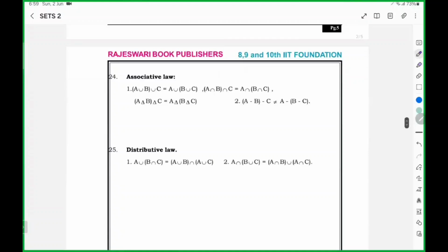So associative law means if you consider three sets, A union B union C means it covers all three sets like this.